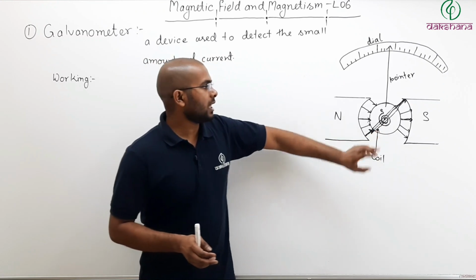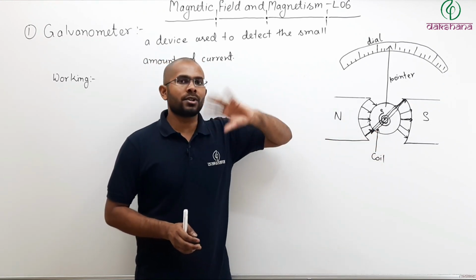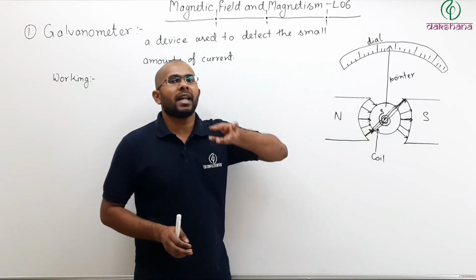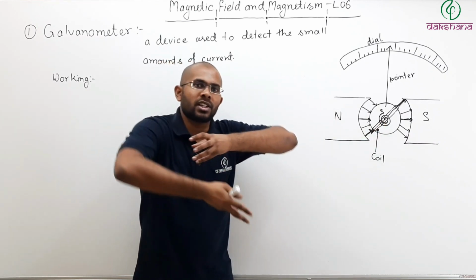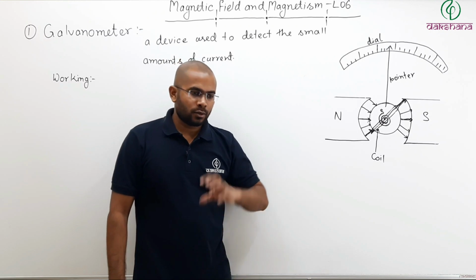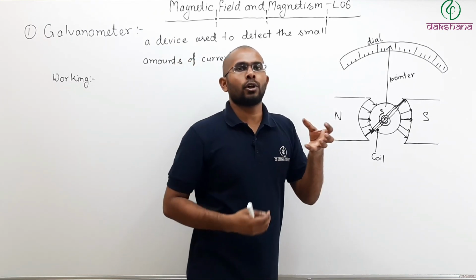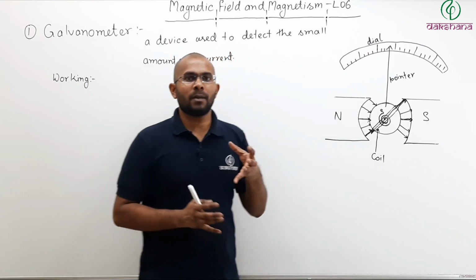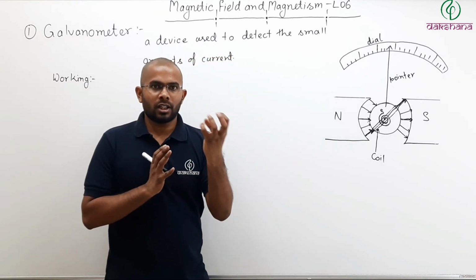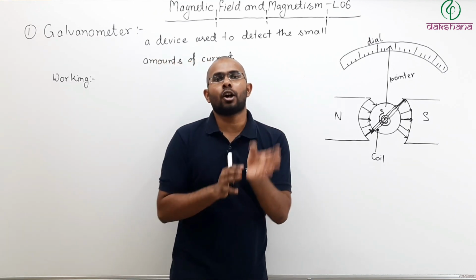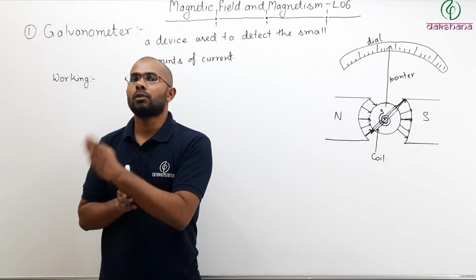The coil will experience the torque because of the magnetic field, and the spring will apply torque because of the rotation in the coil. So as the rotation increases, restoring torque increases. So the spring torque, or the restoring torque, will balance the torque experienced by the coil.